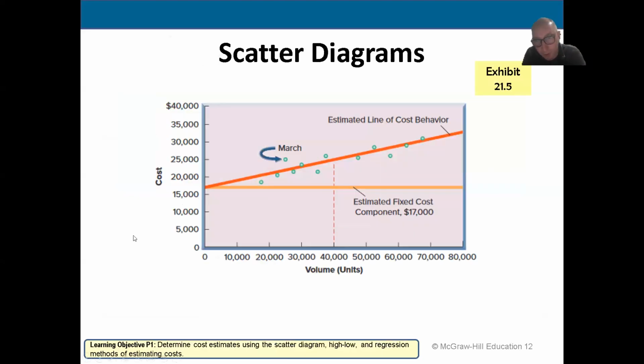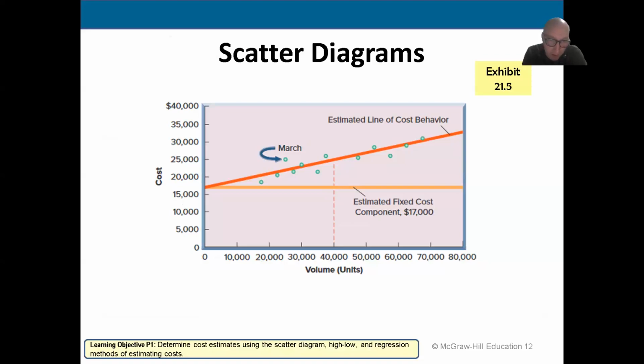Here's an example of a scatter diagram. We see that the estimated cost line is in between or as close to as possible to our cost points. Our cost points represent the cost at specific units. For example, the little dots represent months, and the months represent different units at different cost points.